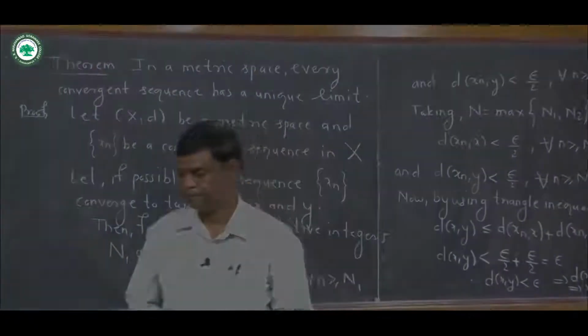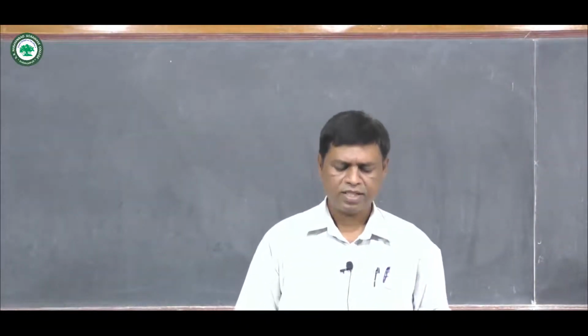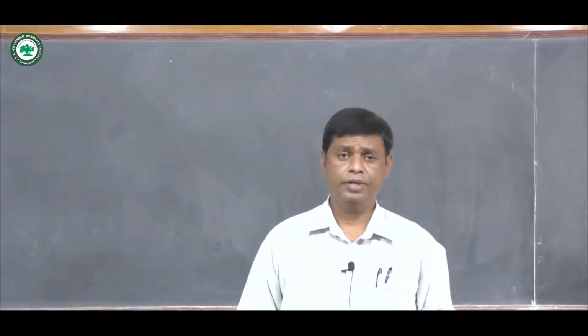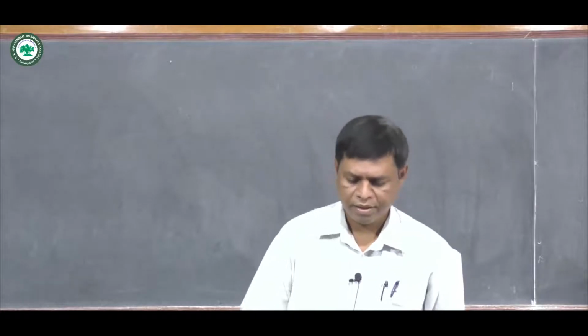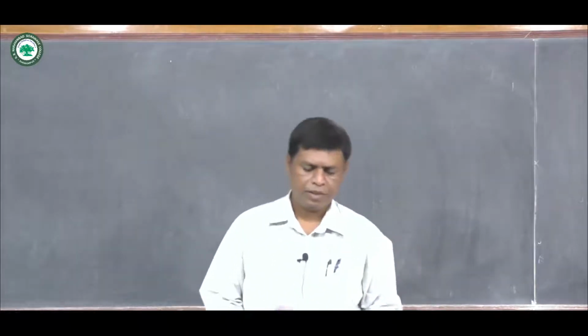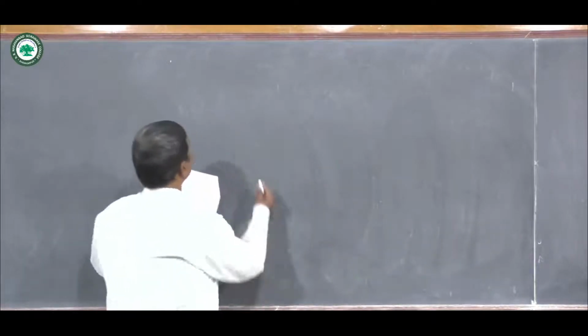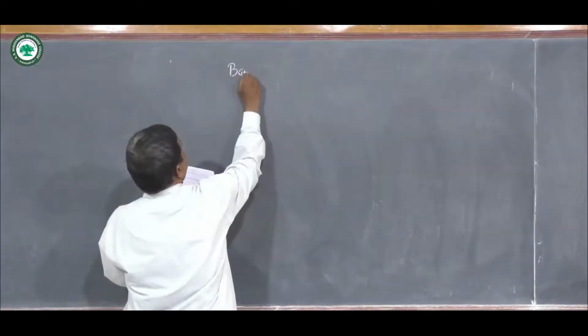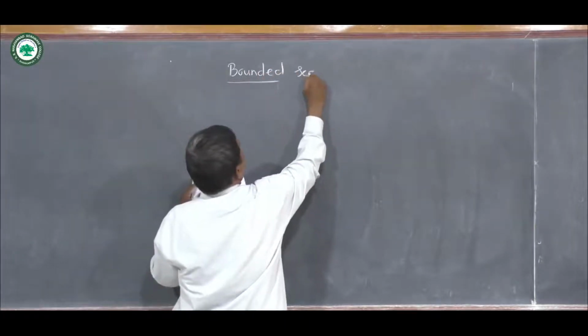It means that the sequence has a unique limit. Now the next theorem about convergent sequences is that every convergent sequence in a metric space is bounded, but before that we are going to see the definition of a bounded sequence.